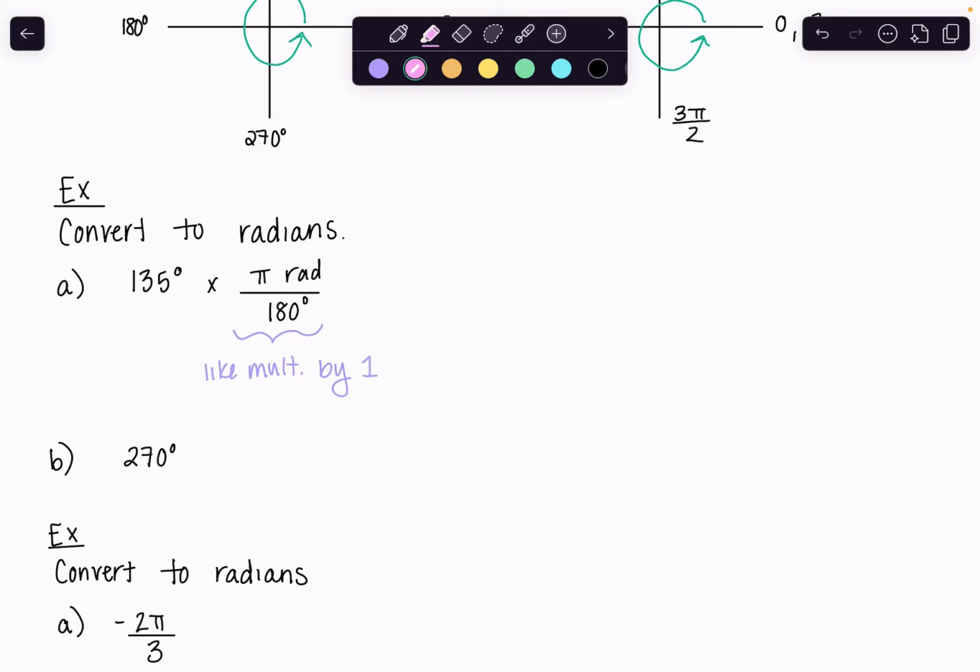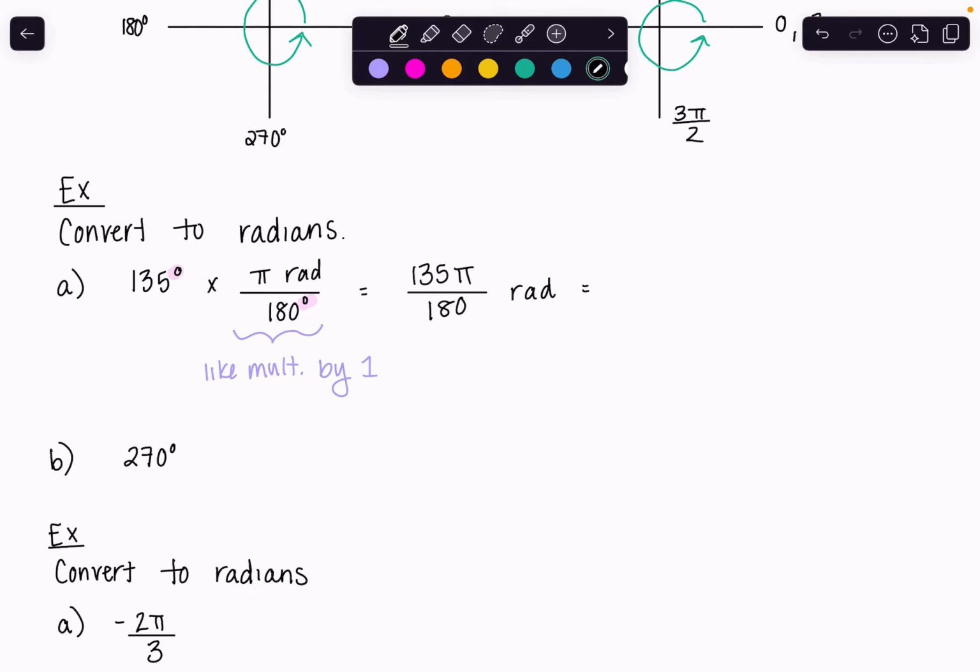And in doing so, degrees over degrees, that unit cancels out. So all that's left is I really need to simplify. We get 135 pi over 180. And then my only unit remaining is radians. Okay. So hopefully you're good with simplifying fractions, but this does simplify really nicely.